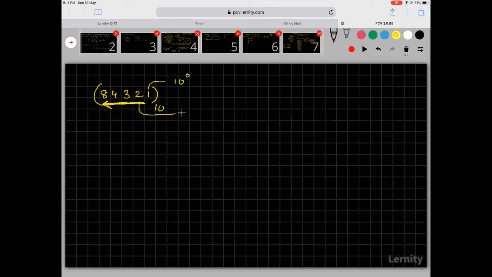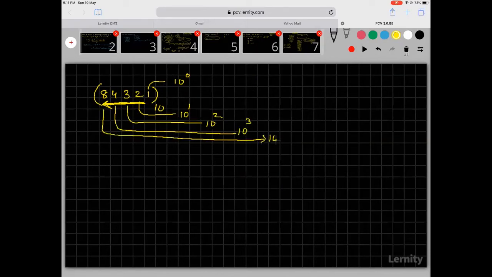In the second case you had 10 power 1. In the third case you had 10 squared. In the fourth case you had 10 cubed. In the next case you will have 10 power 4, right? So the hierarchical value of the number kept on increasing. 8 here is 8 into 10 power 4, but 8 here is only 8 into 10, right?